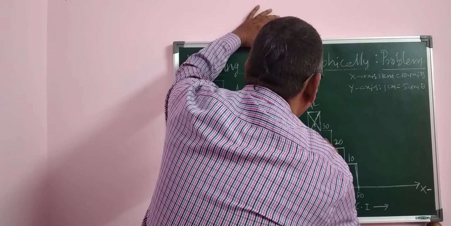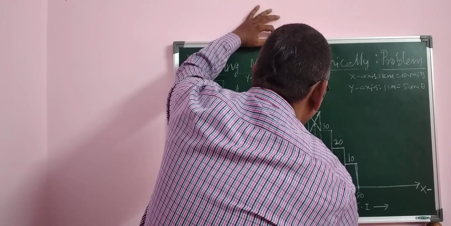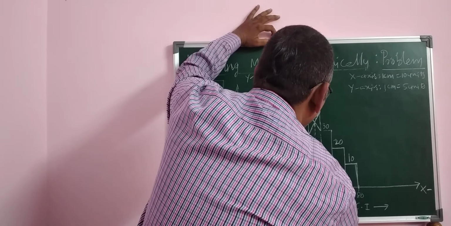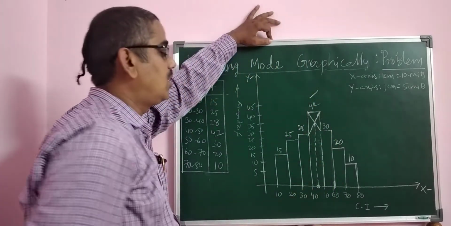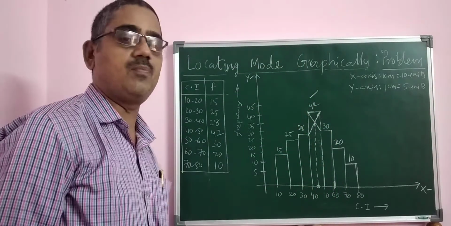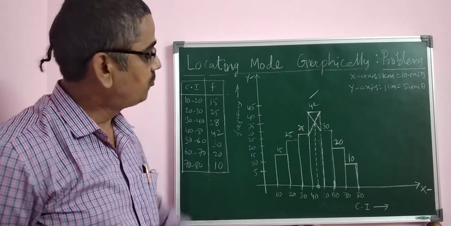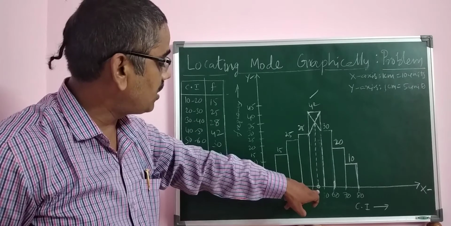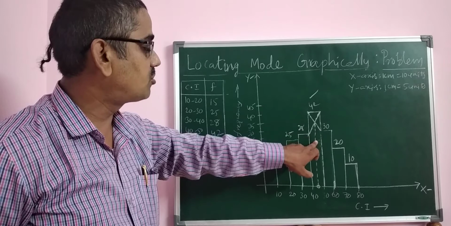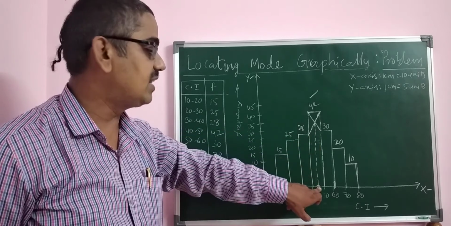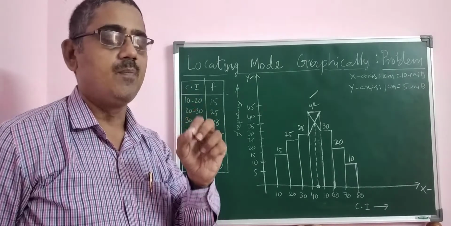This is the perpendicular line I have drawn from the intersection point of these two diagonal lines. Whichever point it meets on the x-axis, you identify that point.